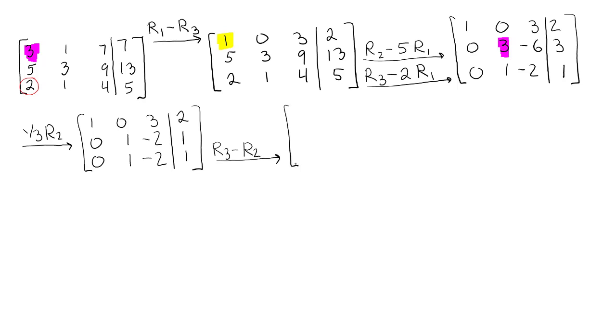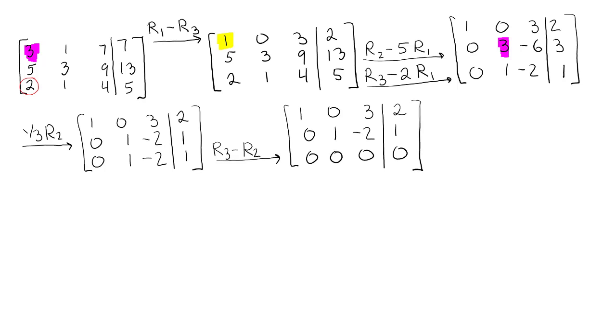What I will get is a row of zeros. So the first row is unchanged. The second row is 0, 1, minus 2, 1, and now I get a row of zeros like this.